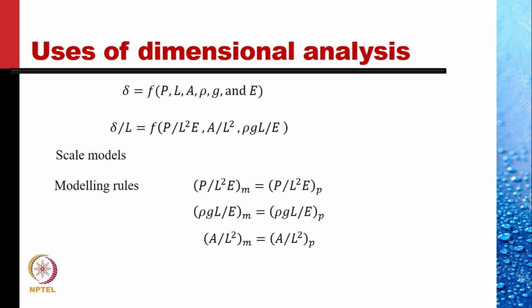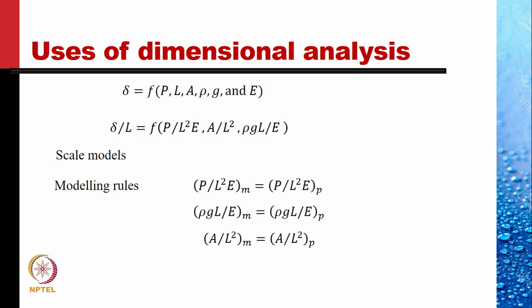Thus, the first group, P divided by L square E, must have the same value in the model as in the prototype. Similarly, rho G L by E in the model must match its value in the prototype. A by L square in the model should match A by L square in the prototype.